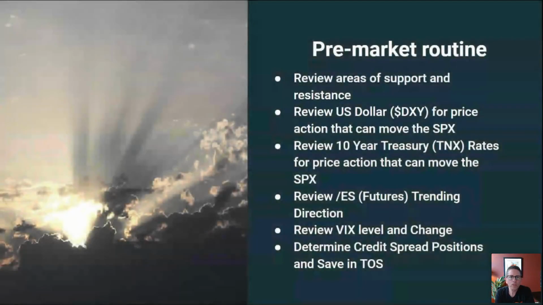Okay. So pre-market routine, I always review areas of support and resistance. Those are really the best technical things that you can use to manage your trades, and where the market's going and where it's stopping, et cetera.